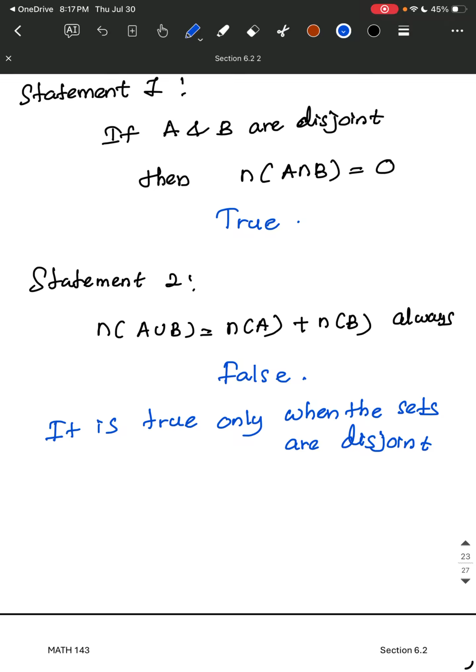Okay, before ending today's lesson, I wanted to discuss the common mistakes.